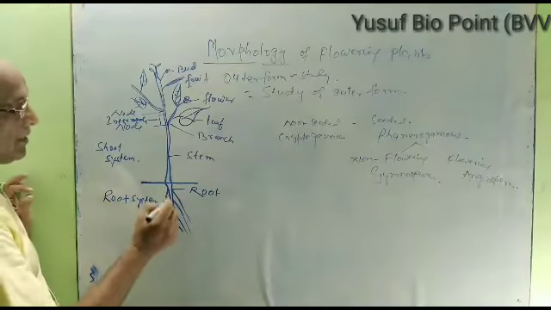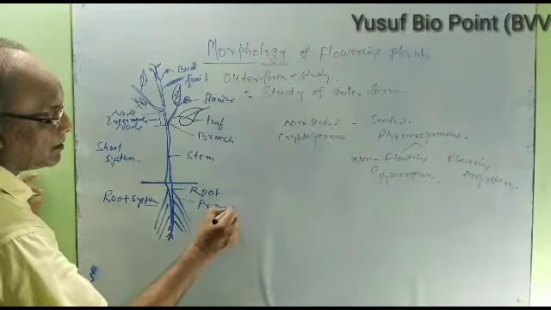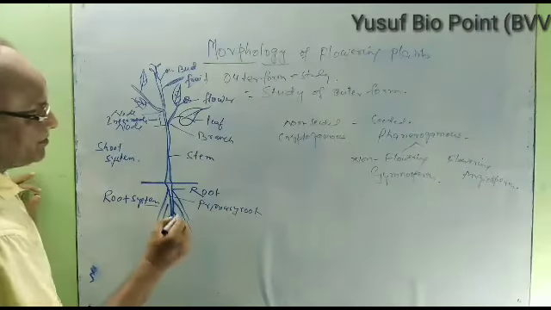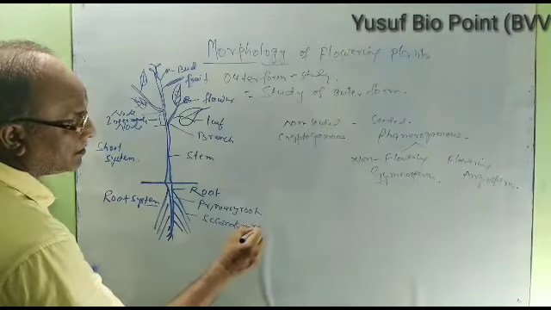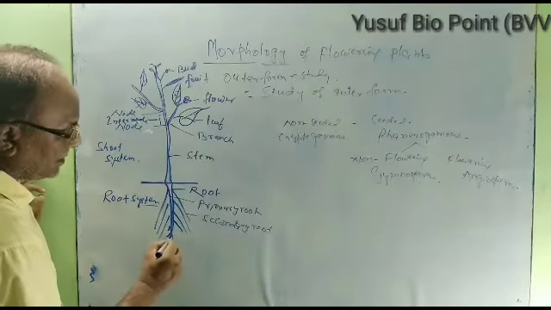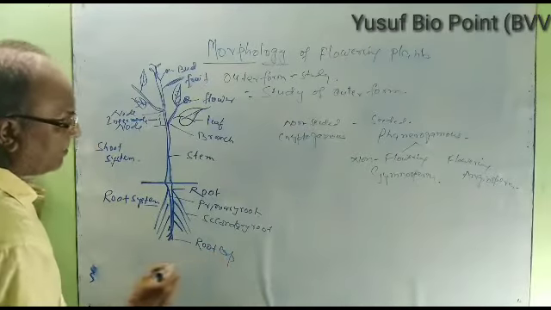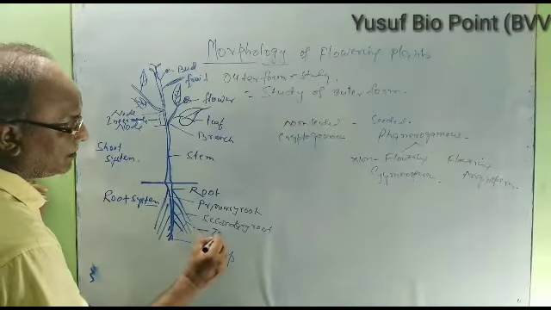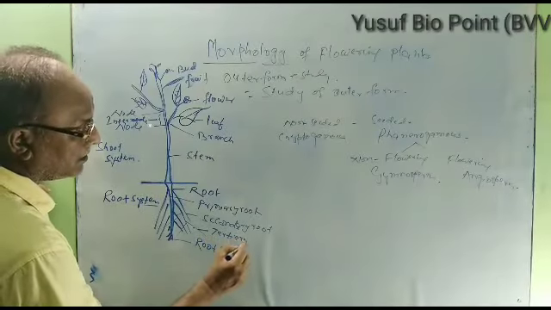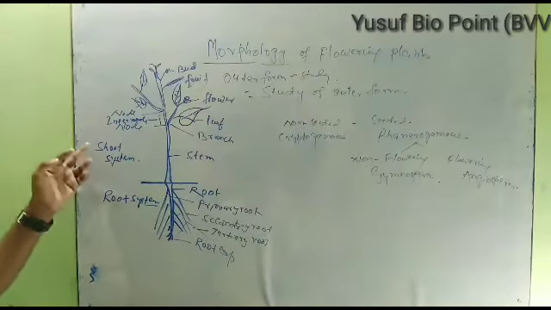In the root, this main one is the primary root, this is the secondary root, and this final part is the root cap. If roots come out again from the secondary, they are called tertiary roots. So these are the parts of angiospermic plants, the root system and the shoot system.